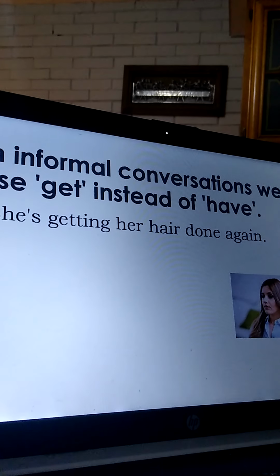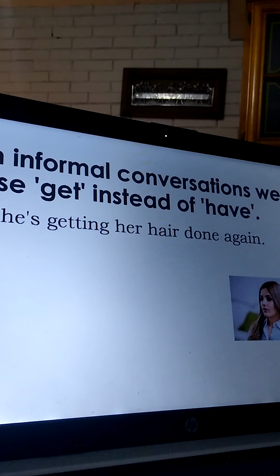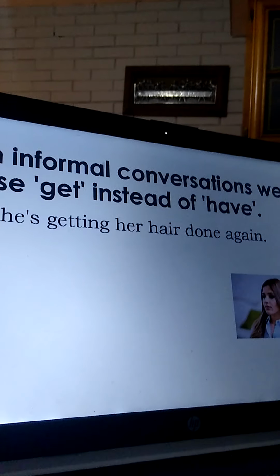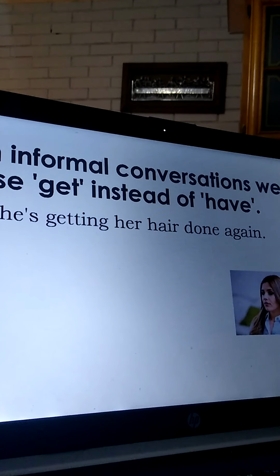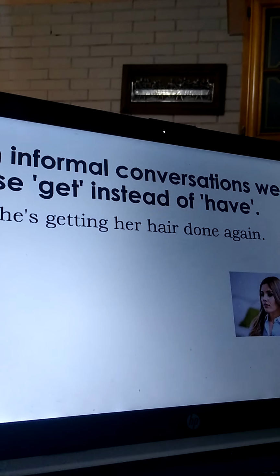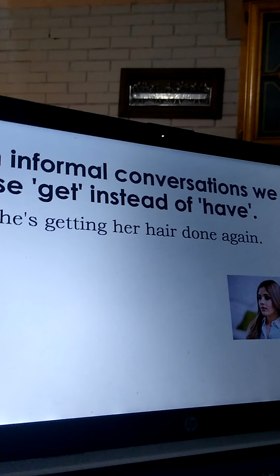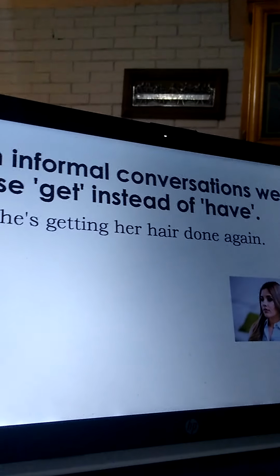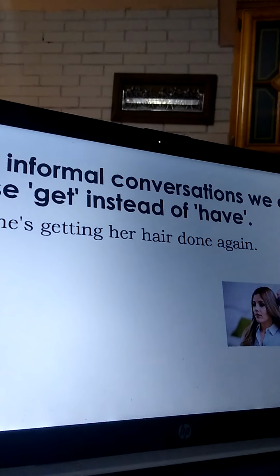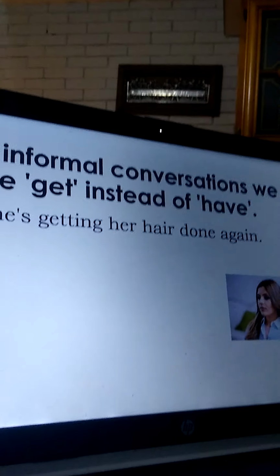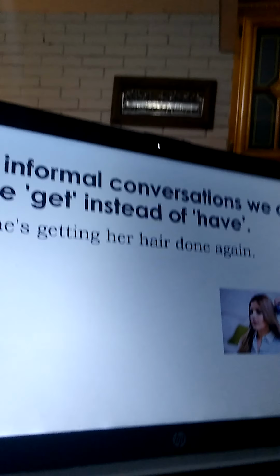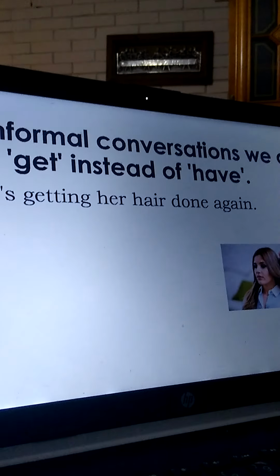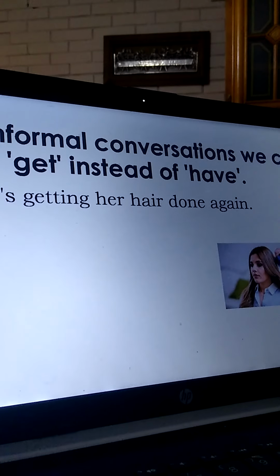Well, with get and have, the difference is the formal or informal situation. For example, you don't speak to your mom as you speak to a teacher that is not your friend. Maybe you have a teacher that is your friend, but I'm talking about a regular teacher. You don't speak to your sister the same as to a regular lady in the street, right?